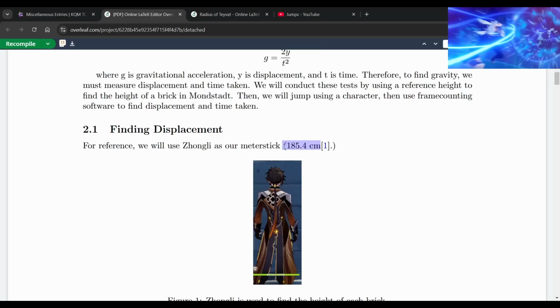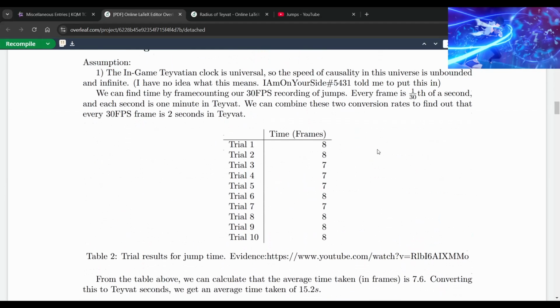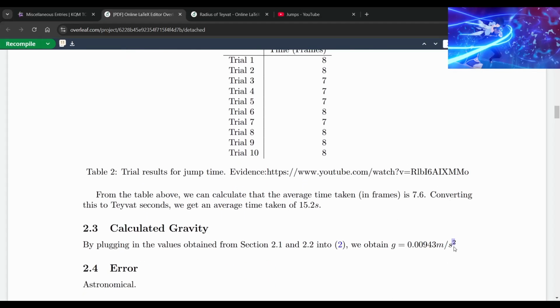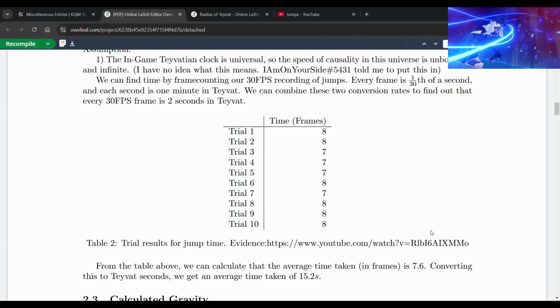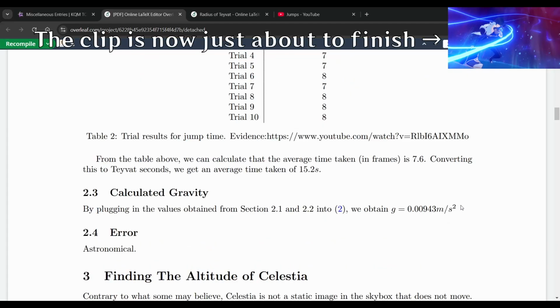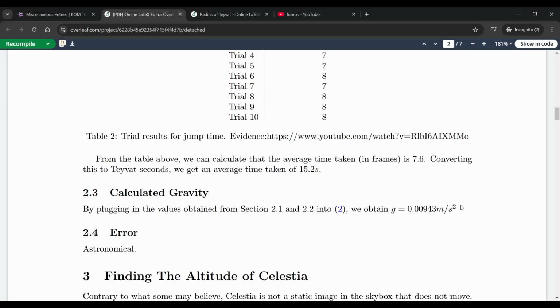It's more that this one is a little iffy, and I do think that the choice of Teyvat seconds for the units is a little silly and strange, but okay, sure. 20.4 is large. Granted, it's more than twice the gravitational acceleration of Teyvat, but at least it makes sense in the sense that stuff wouldn't go flying off into space with how weak this is.